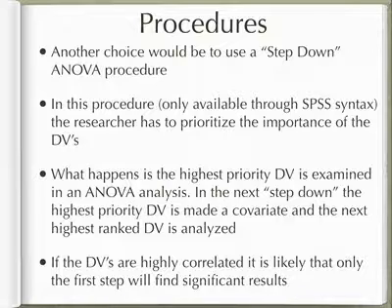So this is just another way to examine your results, and in this case, take a dependent variable, one of them of highest priority, and run an ANOVA with it, and then that dependent variable becomes a covariate in the next step down on the priority list of dependent variables. And what this would eliminate is situations where we have several dependent variables that are all highly correlated with each other.